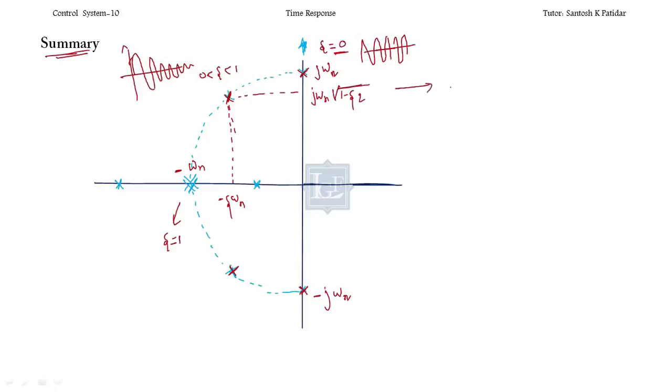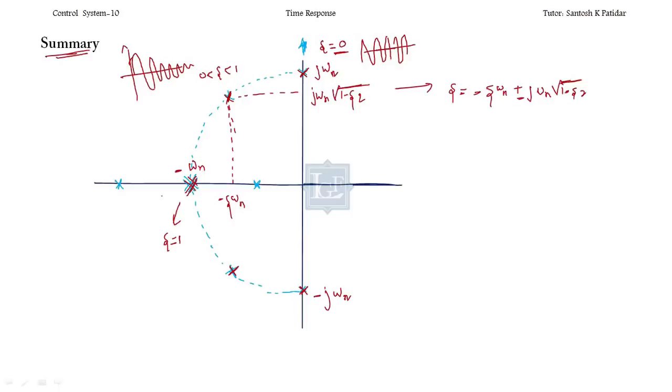In this case the poles were minus zeta omega n plus or minus j omega n square root of 1 minus zeta square, if you remember, like this. Now in this case we got two repeated poles at the same point.